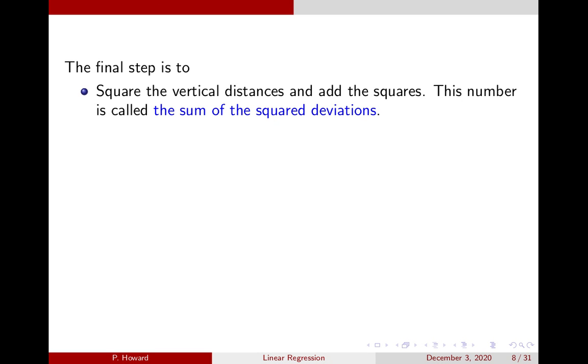So I will be having you calculate this in a few simple examples in the exercises. In this example, it would be 1 squared plus 2 squared plus minus 1 squared.